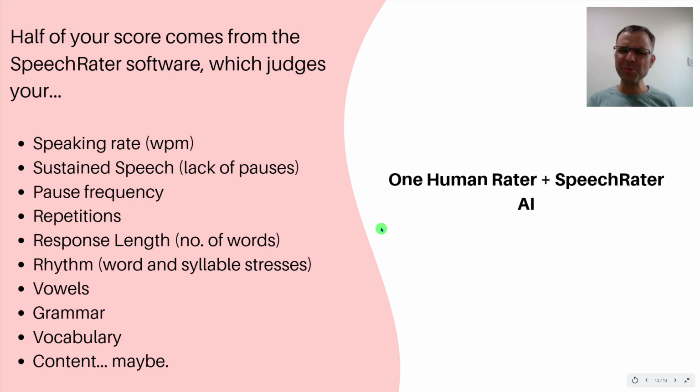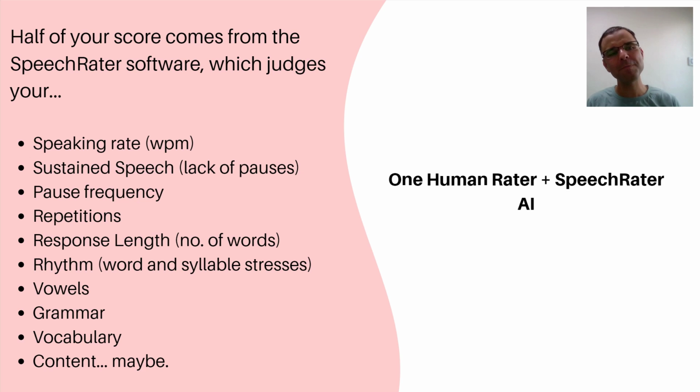Next up is a really, really big change about how your speaking score is determined. Now, in the past, your speaking score just came from humans. That is, humans determined what your score was based on the ETS speaking rubrics.